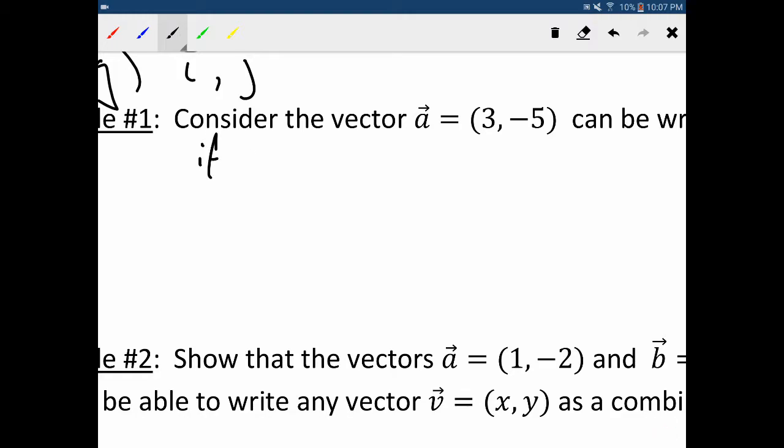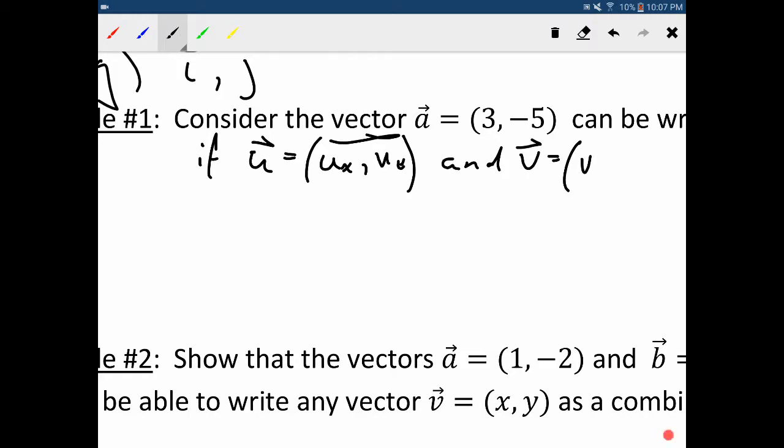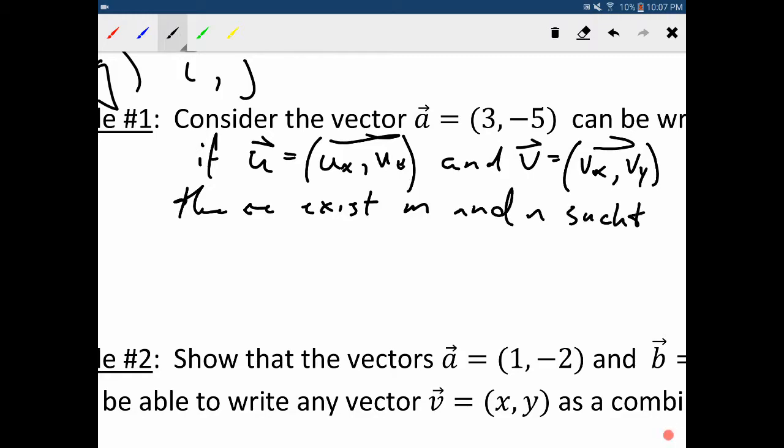If we have U, which we'll say is (ux, uy), and V, there exist m and n such that we would say A is equal to m times U plus n times V. Okay? m and n in this case would of course be scalars.